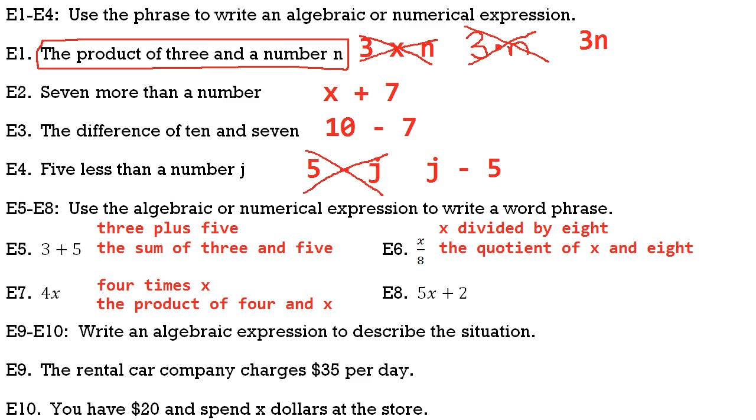Example number 8 here, the last one. This one is going to be tricky because there are a couple different things going on. X is being multiplied by 5, but then we are also going to add 2 to that final result. So I think the best way to do it would be to make sure you throw in a word like product to make sure that you know that the 5 and the x are being multiplied together first.